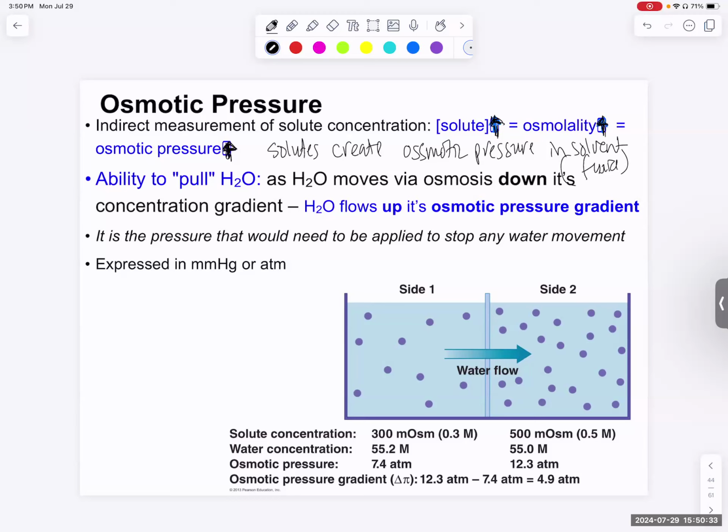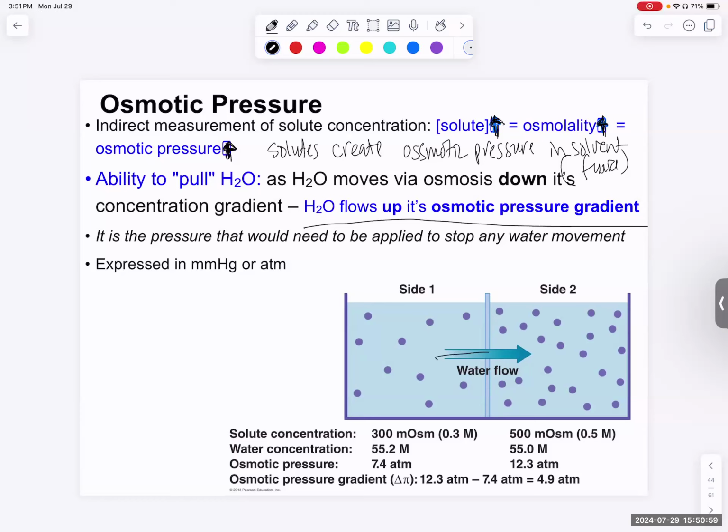And so water is going to move away from, or down, the osmotic pressure gradient. And it's going to go towards the solutes. So it's moving up the solute concentration gradient. I guess the way to say it is water flows up its osmotic pressure gradient, or the solute concentration gradient.